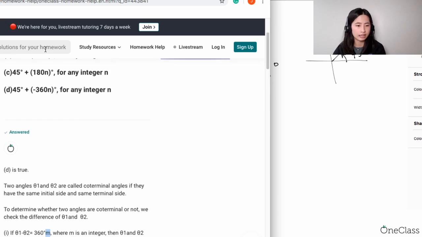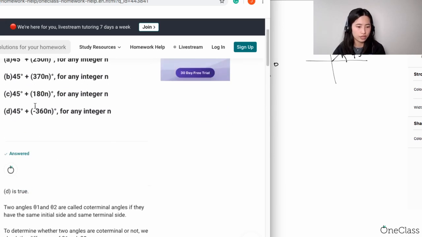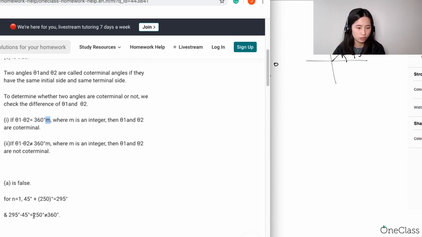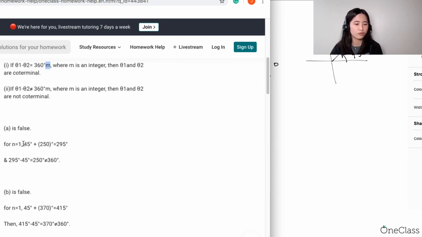And let's say you're looking at 250n. So what they showed you: let's say you have 45 plus 250n. They're saying let n be equal to 1. So if you add the two, you get 295. This 295 is theta 2, does that make sense? And you have theta 1, which is 45 degrees.